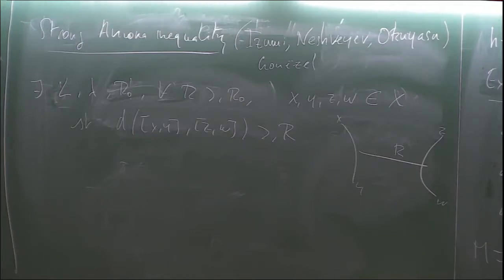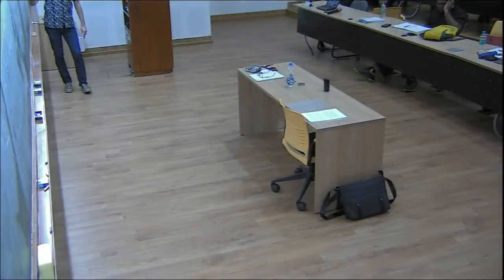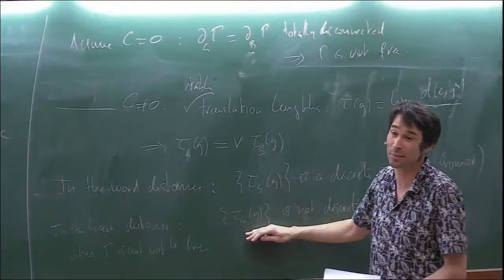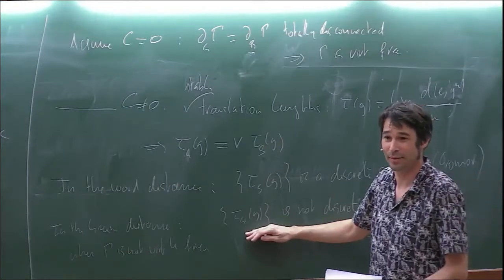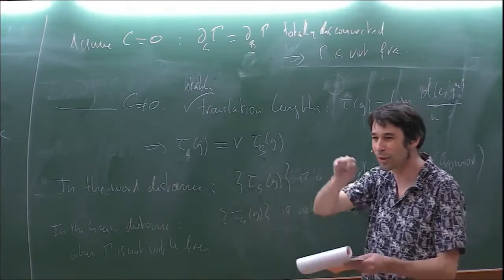So here I said that this one is discrete. To get to a contradiction, I need to show that it is not discrete. That's what I want to explain, the basic ideas to prove that. Instead of that, they use a Busemann cocycle, which they evaluate at some points, and then they make some continuity argument. In both cases, if you assume that it's arithmetic, you get a continuous function, and so it has to be constant, but it's completely absurd to be constant.